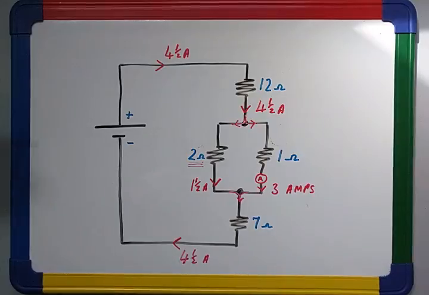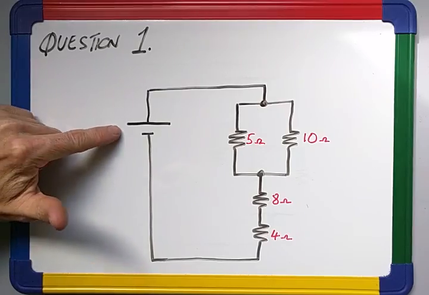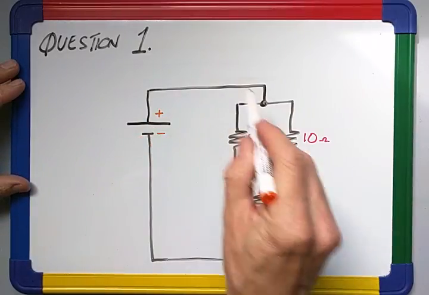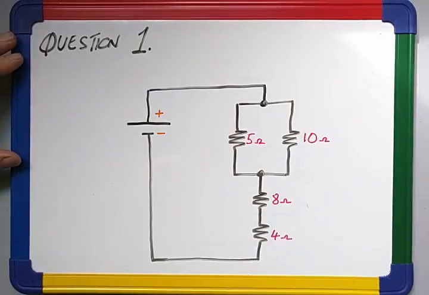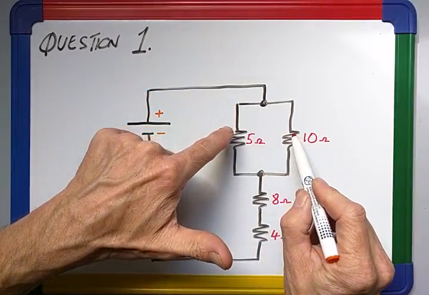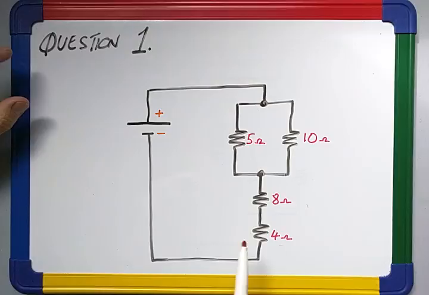So here's an example you can try for yourself. Again, we've got the battery here, positive, negative. The flow is going to be clockwise. We've got a set of 4 resistors connected up in a network, and the flow comes along, splits through these 2 resistors, recombines and carries on around to the negative.